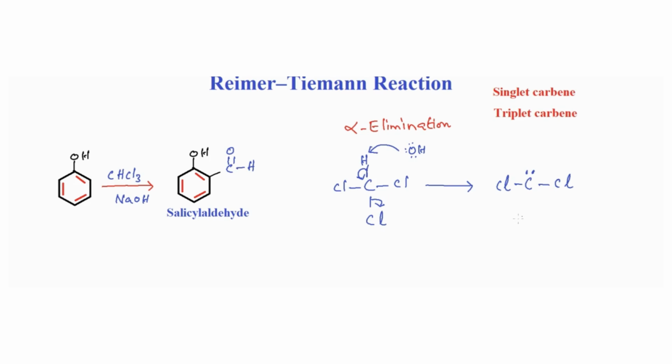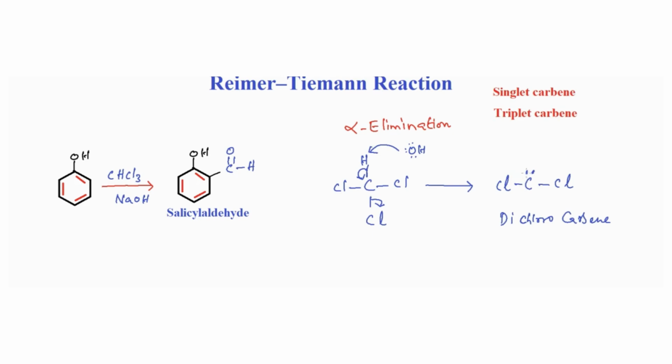Now this has been formed, so this is called a dichlorocarbene. Now this is going to act as an electrophile. Now we will discuss the nature of a carbene and how this is going to act as an electrophile. We learned that the carbene is a neutral species. You look into that.